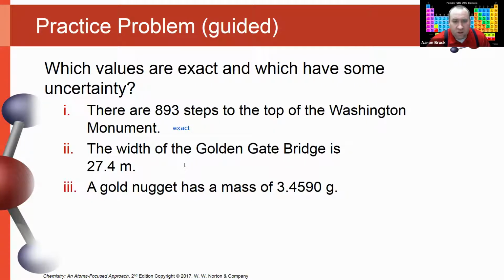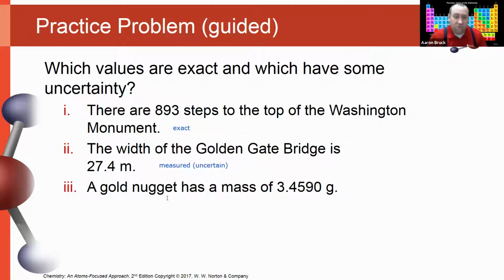For the second one, the width of the Golden Gate Bridge at 27.4 meters, this is a measured value, so it's going to be uncertain. The level of uncertainty depends a lot on what you use. So if I'm measuring something at 27.4 meters, there's a good chance I don't have a very precise instrument.